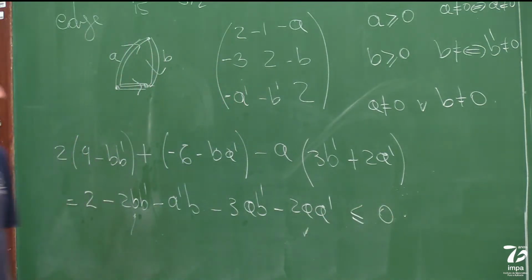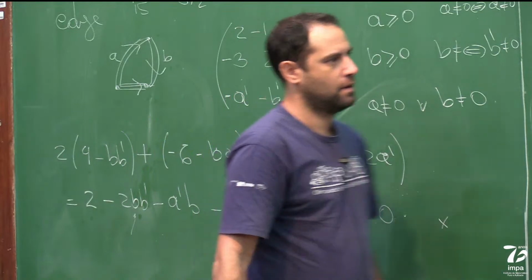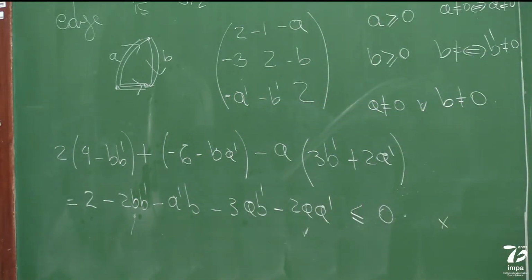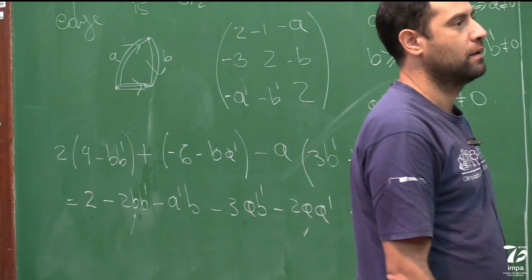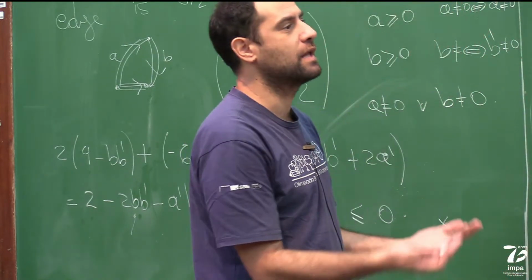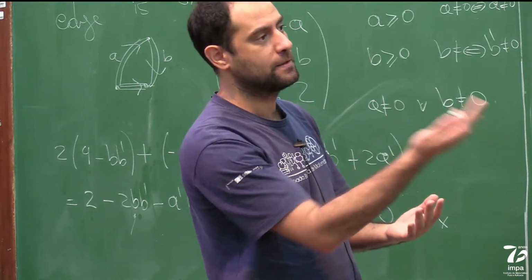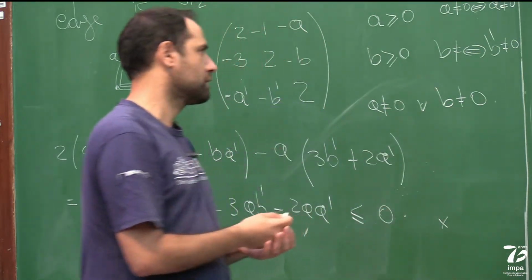So this can't happen. So the only ones that we haven't ruled out are diagrams where we have arbitrary connections, a number of double edges. So that's the next step.